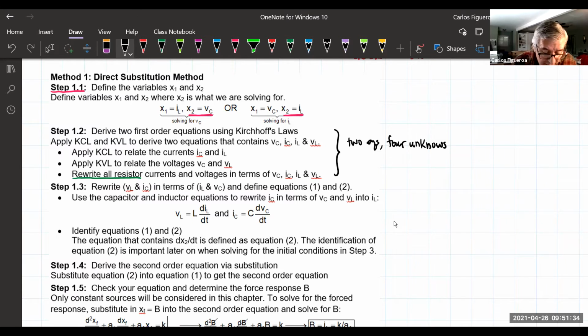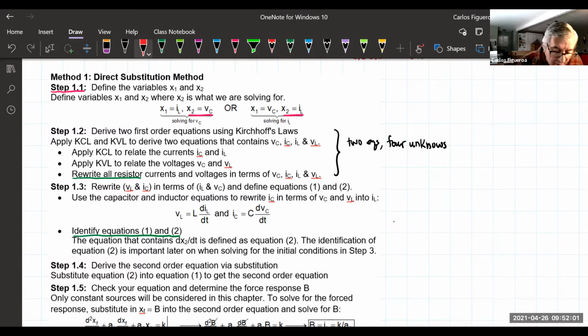So then I'm going to rewrite VL and IC in terms of the capacitor and inductor equations. And then here's another key step right here. I need to identify equations 1 and 2. Now, how do I define equations 1 and 2? Well, it's connected to step 1.1.